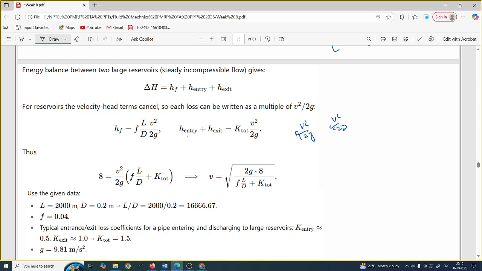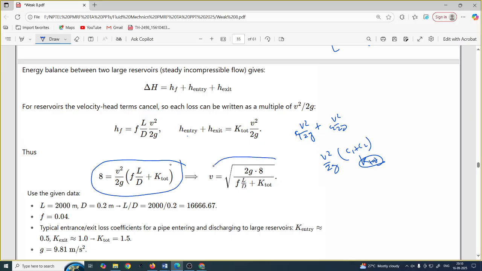Once we add, we can take V square by 2g common and C1 plus C2 will remain. This is written here as K total, the constant of both. So how will you calculate this constant? For the calculation of the constant this is required.